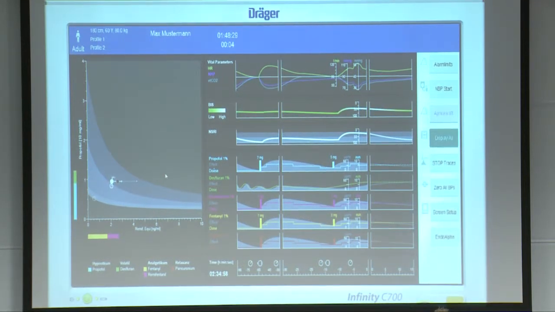And so these are now the response surfaces in two dimensions with bands for adequate anesthesia and light anesthesia. And currently, the total pharmacodynamic effect is in this dot in the center, showing it's halfway between adequate and light anesthesia, with the projection into the future shown by the dotted line.